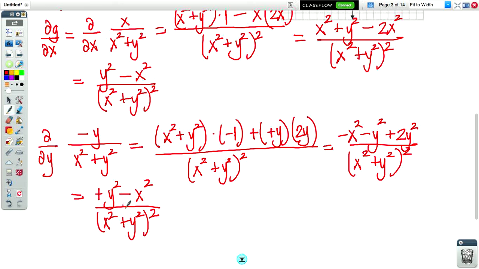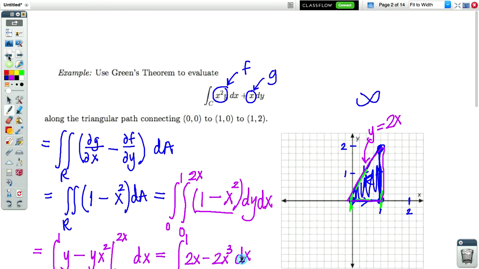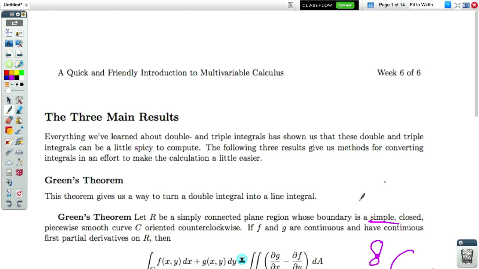Now, one of the things that we didn't talk about so much in the statement of Green's theorem on the previous page or two pages ago is that f and g have continuous partial derivatives on that region. So the partial derivatives have to be continuous, and also the original functions have to be continuous on our region.